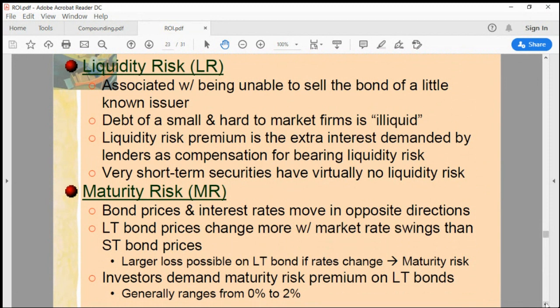One is inflation risk, right? And I said inflation risk first because inflation is systemic. In other words, it's coming from the macroeconomic system. So it is not user or borrower specific. It affects everyone universally, right?